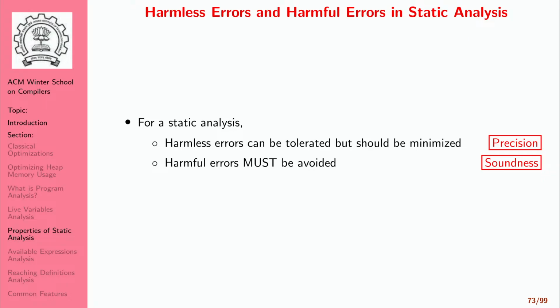So I am using liveness analysis for dead code elimination. What does dead code elimination say? I have an assignment x equal to something and I am asking the question, is x live here? That's the question that I am asking. And supposing I make a mistake in asking that question, what kind of a mistake is harmful and what kind of a mistake is harmless?